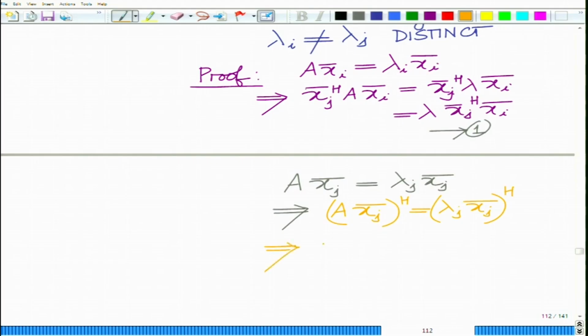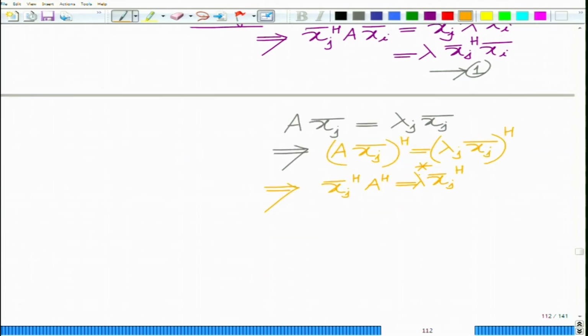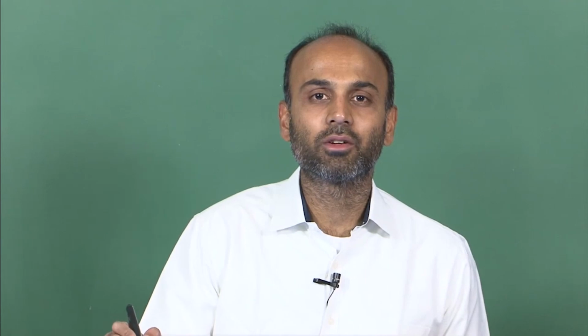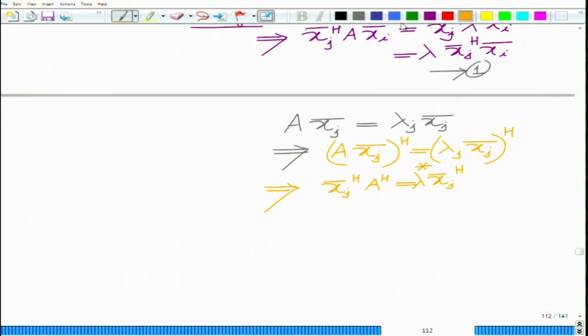This implies xj bar Hermitian A Hermitian equals lambda j conjugate xj bar Hermitian, because lambda is once again an eigenvalue, simply a scalar quantity. But remember the eigenvalues of a Hermitian matrix are real, which implies that lambda j conjugate equals lambda j. Okay. So, we will use that property here.